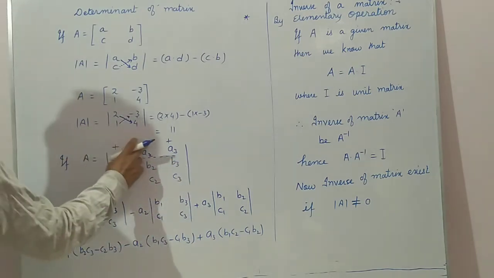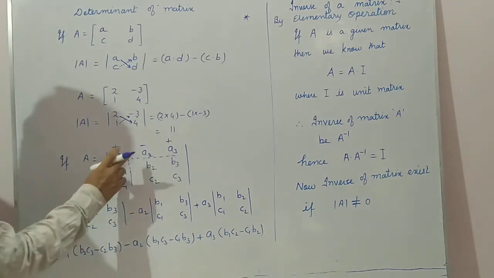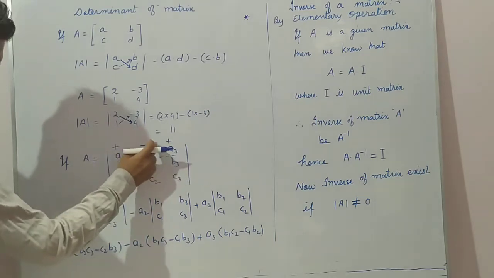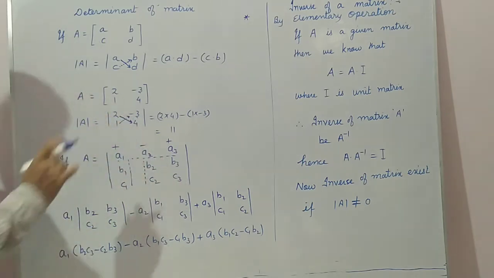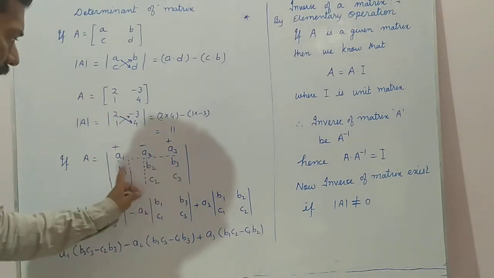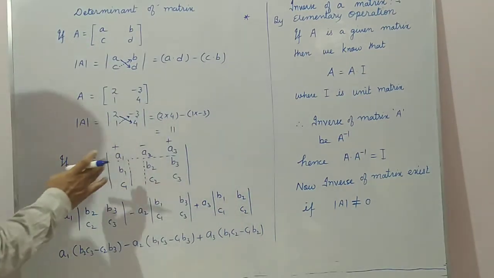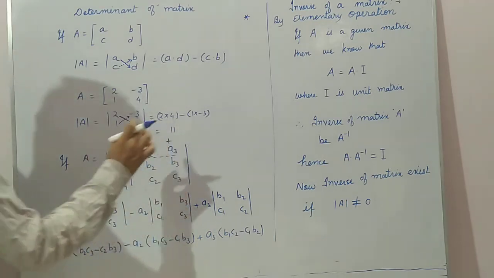Then minus. When you are taking A2, eliminate the row and column associated with A2. So you are left with B1, B3, C1, C3. After that, again plus.